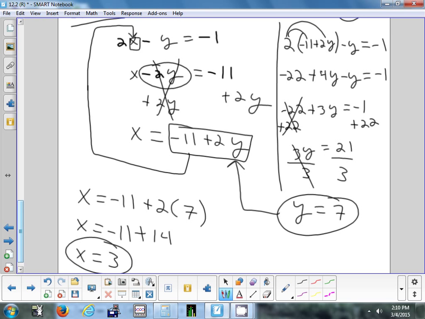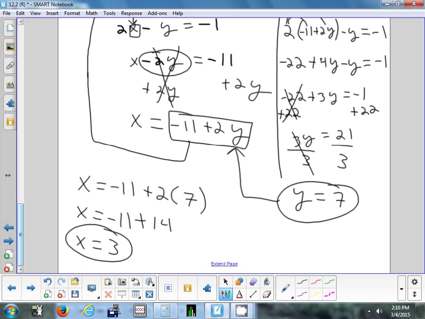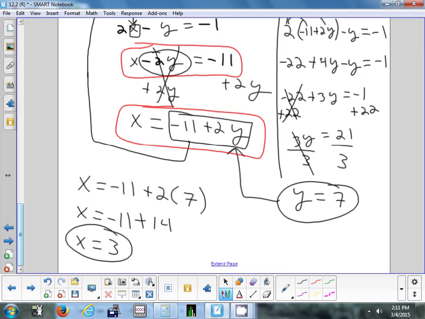Guys, like Mr. Hager was saying, when I did mine, I went back to the original equation. You don't have to do that. Because when you rearrange like this, x equals negative 11 plus 2y, that was the same as the original equation, you just rearranged it. All right? That was the same as x minus 2y equals negative 11. This and this are the same thing, just rearranged.